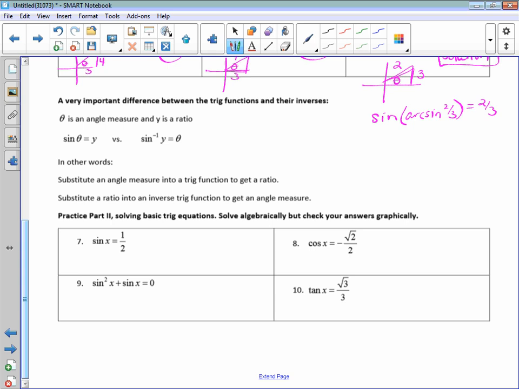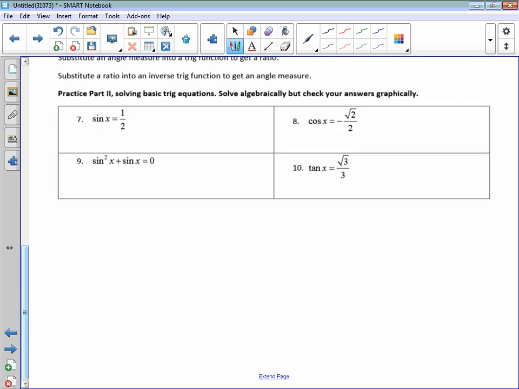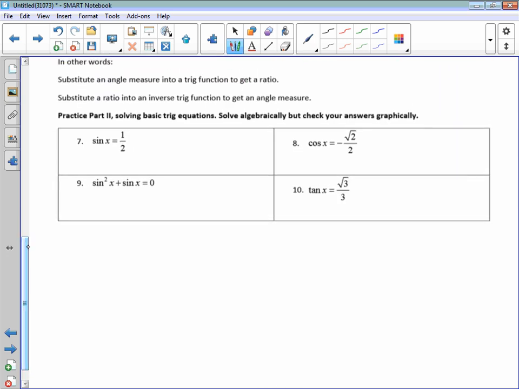So let's look at number 7 down here. So these are basic trig equations. And I am going to tell you to solve, we're going to add this to the directions, on the interval 0 to 2 pi.